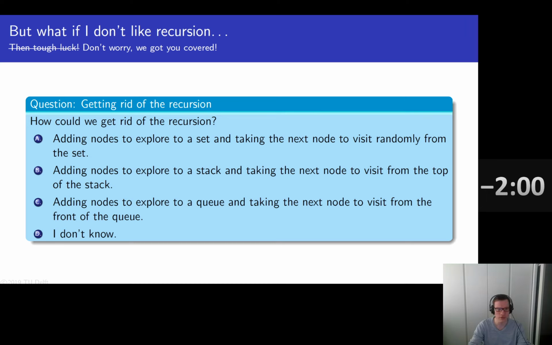Couldn't I do this iteratively? Can I get rid of the recursion? Well, maybe you can. Here's some options for you. Let's see if you can figure out which one would work. And here's a poll for you.